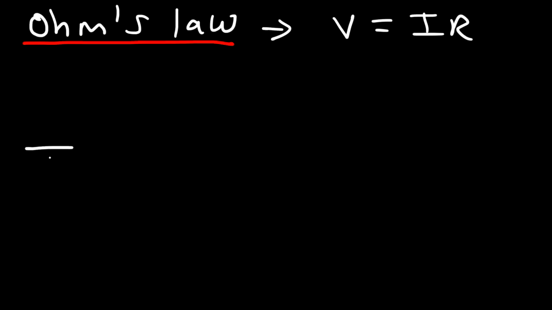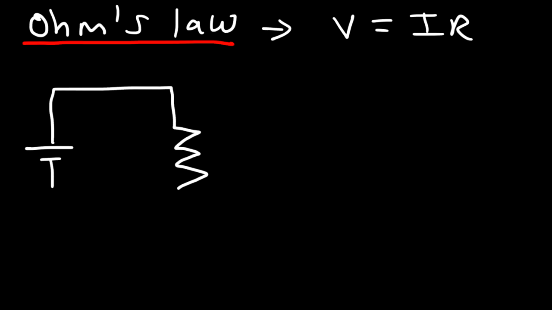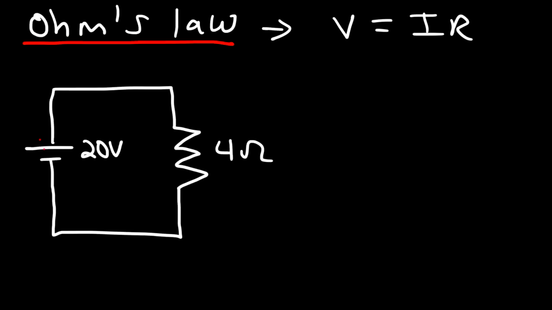Let's say we have a battery connected across a resistor. And let's say we have a 20-volt battery, and let's say this is a 4-ohm resistor. So here is the positive terminal of the battery, here is the negative terminal of the battery.